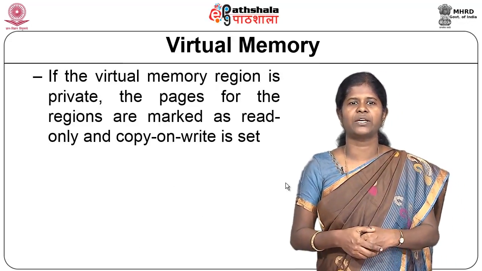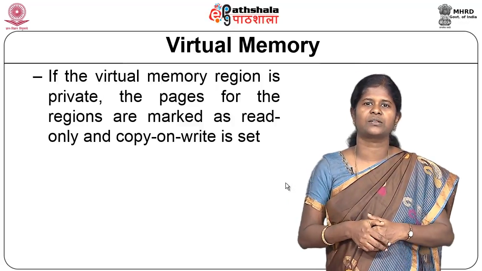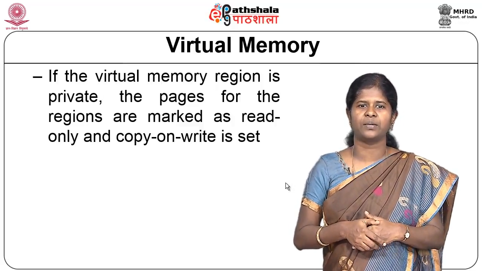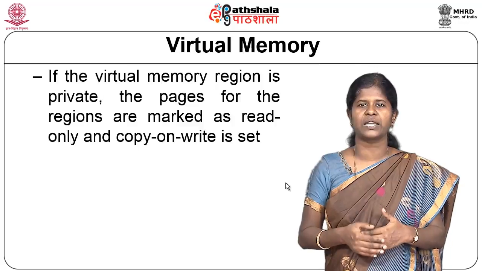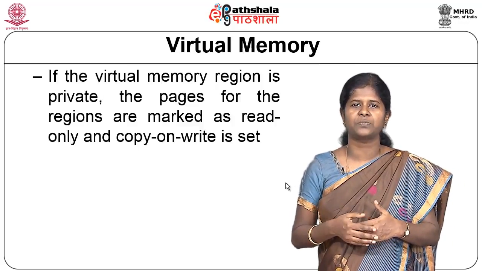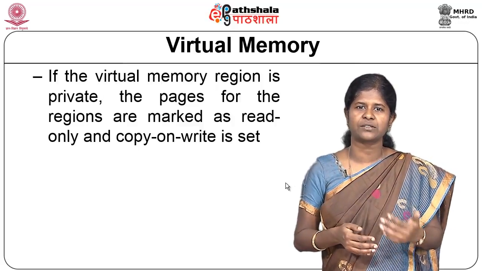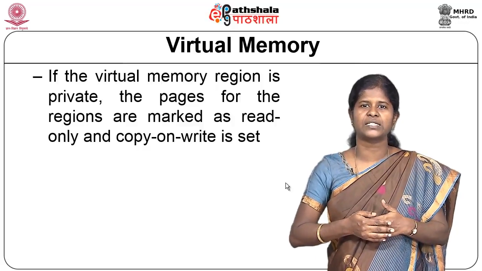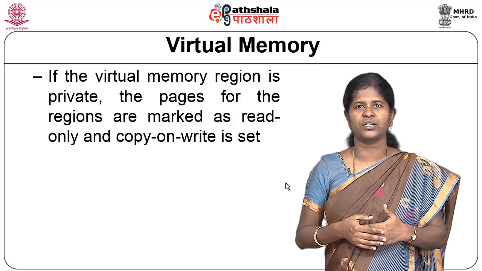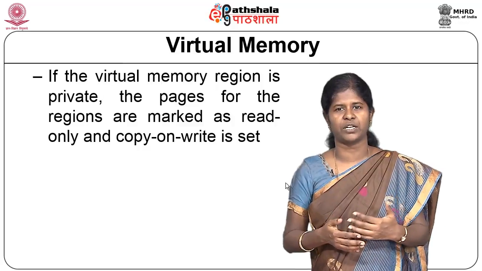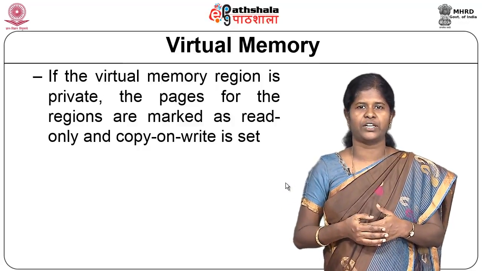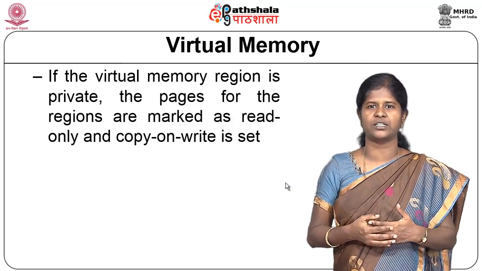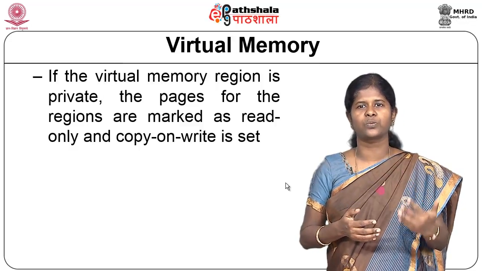So, if the virtual memory region is private, then in that case the pages for the regions are marked as read only and the copy on write bit is set. As I told you, if it is a text region, then in that case the parent and the child can continue to share the same region. But if it is a private region, say for example a data region, the parent will have its own data.